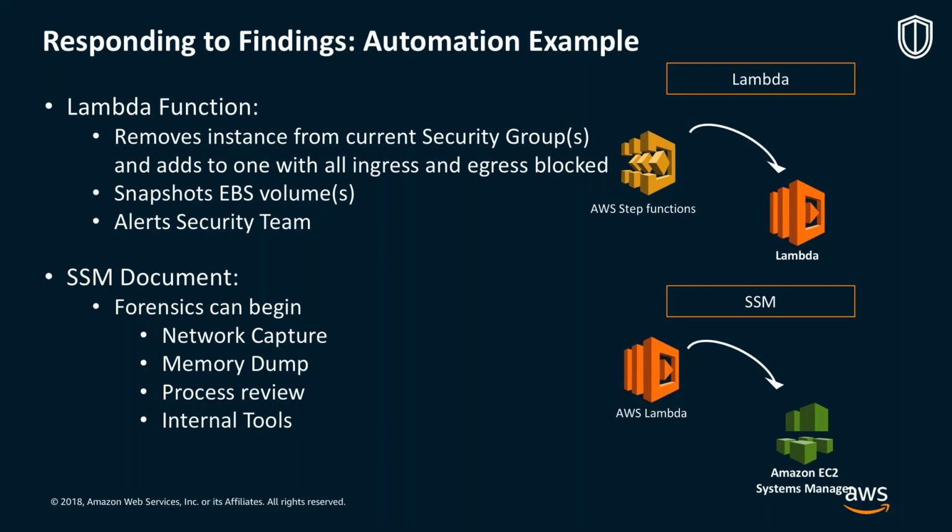So now what we're going to suggest that you do when we're looking at incident response and this GuardDuty finding, if it's an onerous finding, if it's something that you really think is bad, well, cool. Well, not cool, but we're going to have to respond to that. And we're going to have a step function that fires off a Lambda, and that Lambda is going to do a bunch of things on the outside of that instance.